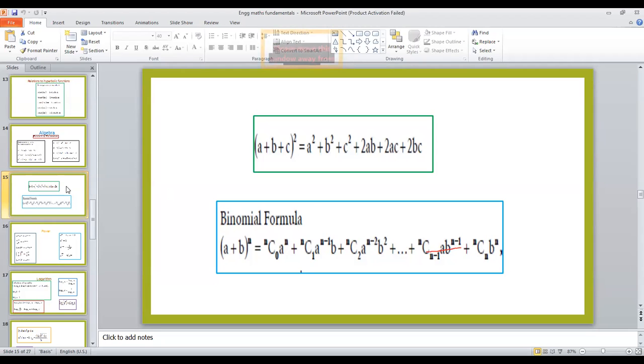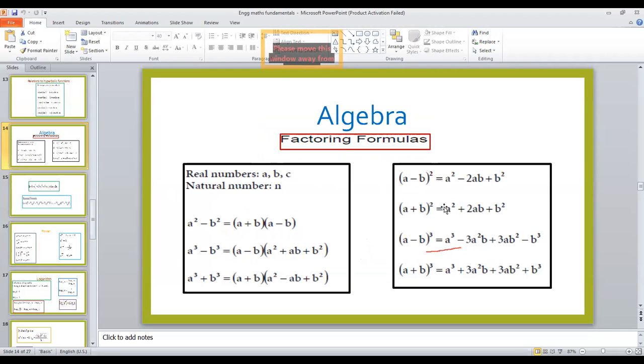Now you come to the previous step, or you see there a minus b whole square is what? A square minus twice ab plus b square. You observe in this expansion, the index is 2. That should be there in the first term as well as in the last term. If not, your expansion is wrong. You got my point? Yes?